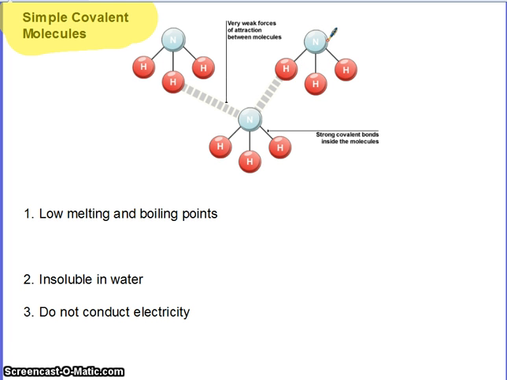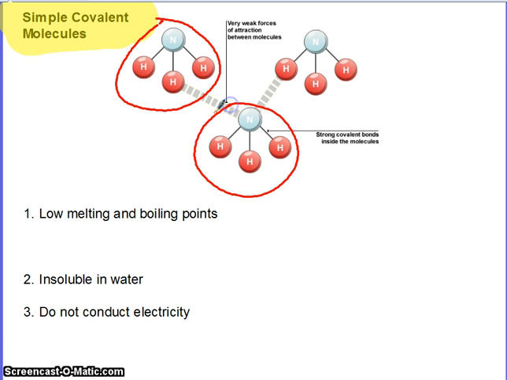And what you can see is that here's one unit of ammonia, one ammonia molecule, here's a second, and here's a third. And between the molecules, they actually have very weak forces of attraction. So it's very, very easy to take this ammonia molecule and move it away from this one. They only have a very weak force between them.